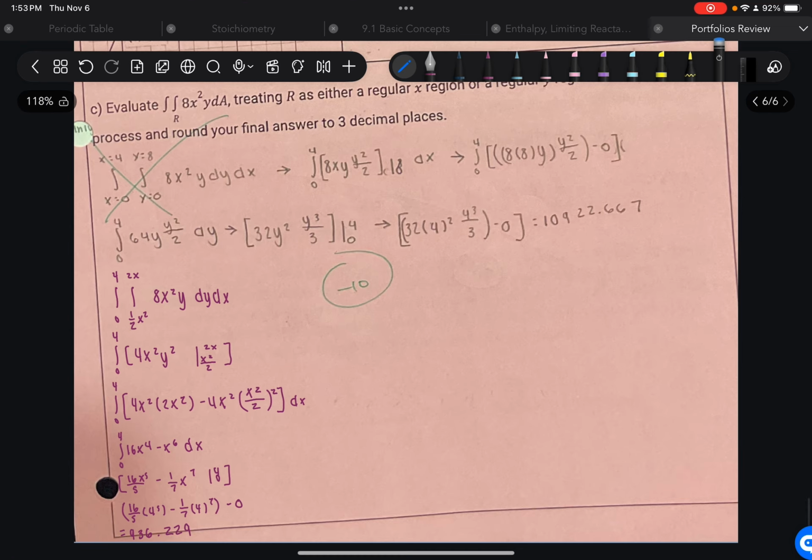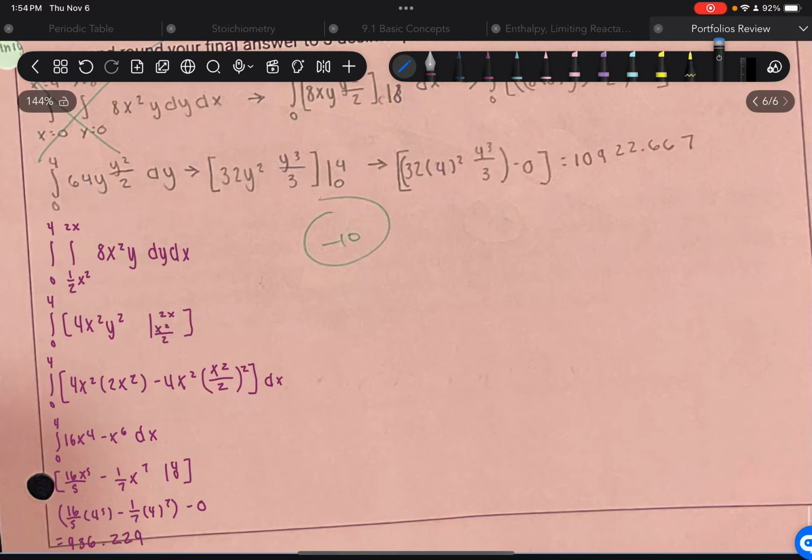And then I had trouble with double integrals, and especially had trouble when the integrals don't give me solid numbers. So I had 1/2 x squared and I was kind of confused on that. But then another thing I did wrong was writing dy dx, so my order was flipped in my original work, but I fixed that in my corrections.